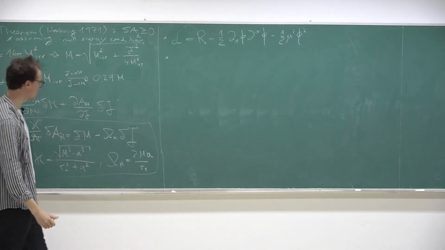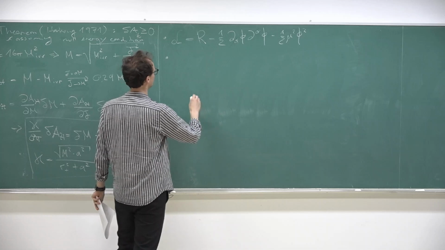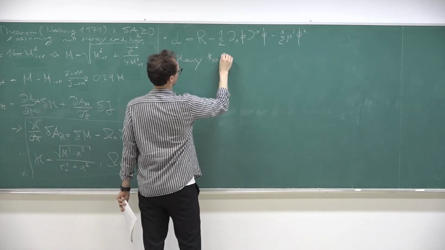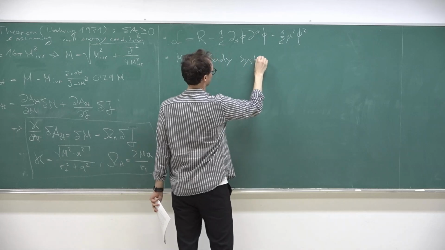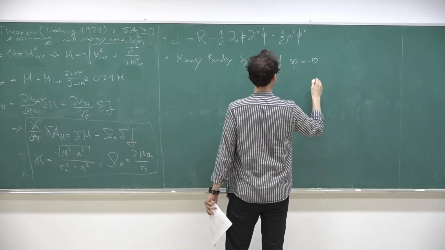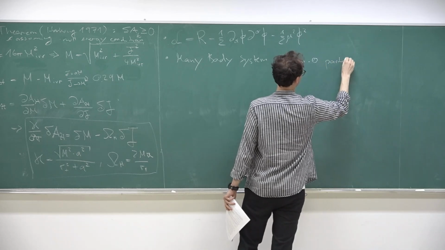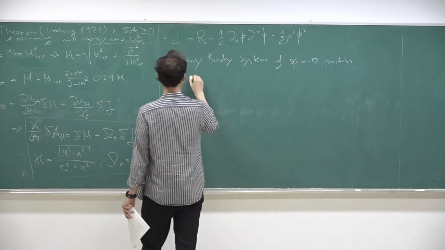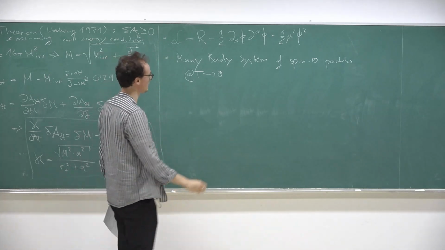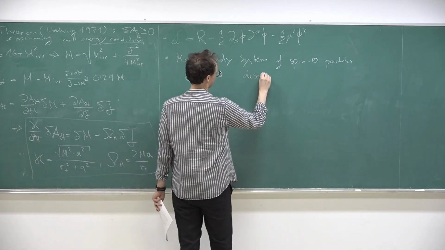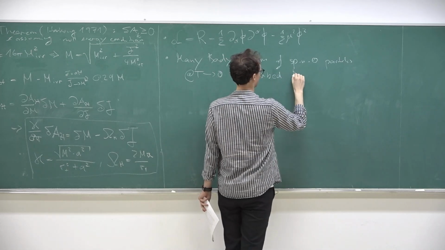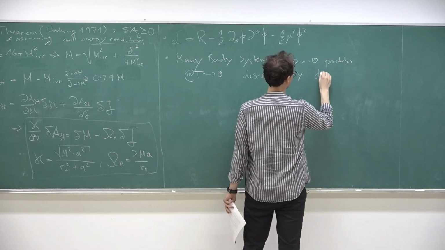What you can show is that a many-body system of spin zero particles at temperature T goes to 0 is basically described by classical field theory.